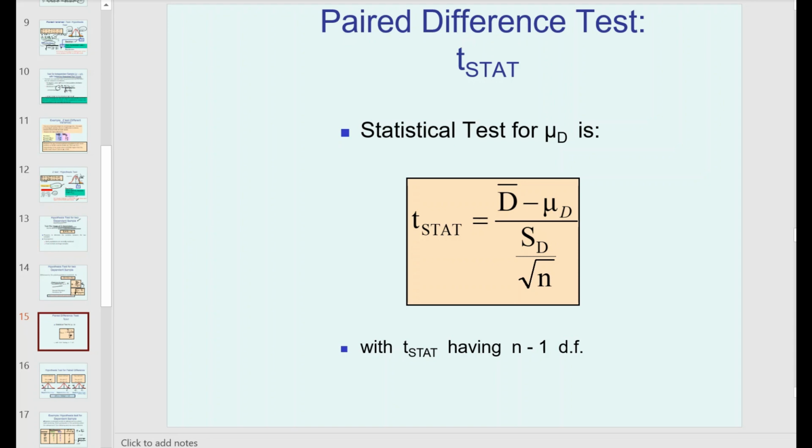For this statistic we also need the degrees of freedom. Because it is dependent, it involves only n minus 1.